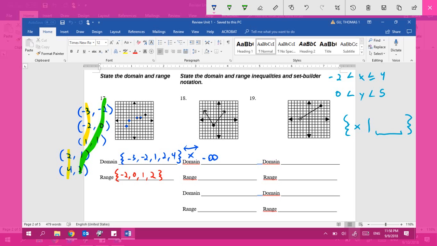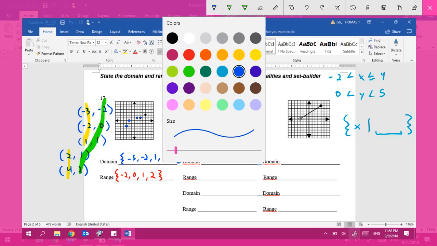So -infinity, then a less than sign because you can never reach infinity, then x, because we're talking about domain, and then less than positive infinity because it's going to the right forever.